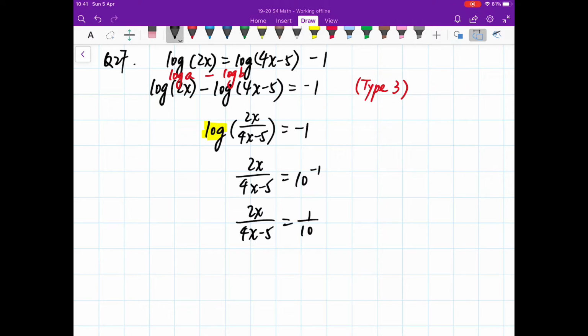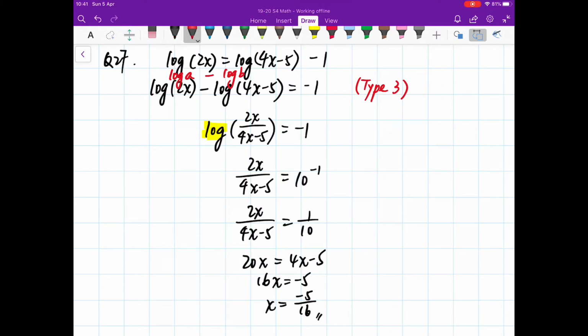And finally, we do the cross multiplication so that we have 20x equals 4x minus 5, and finally x equals negative 5 over 16.